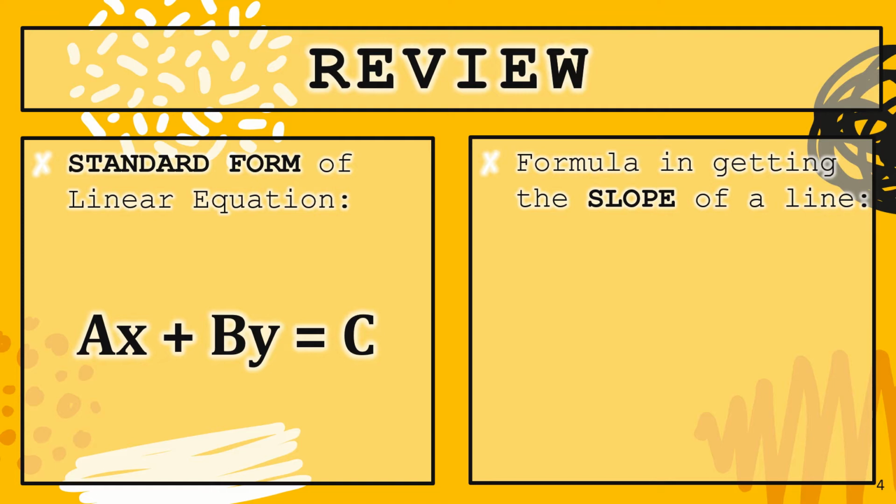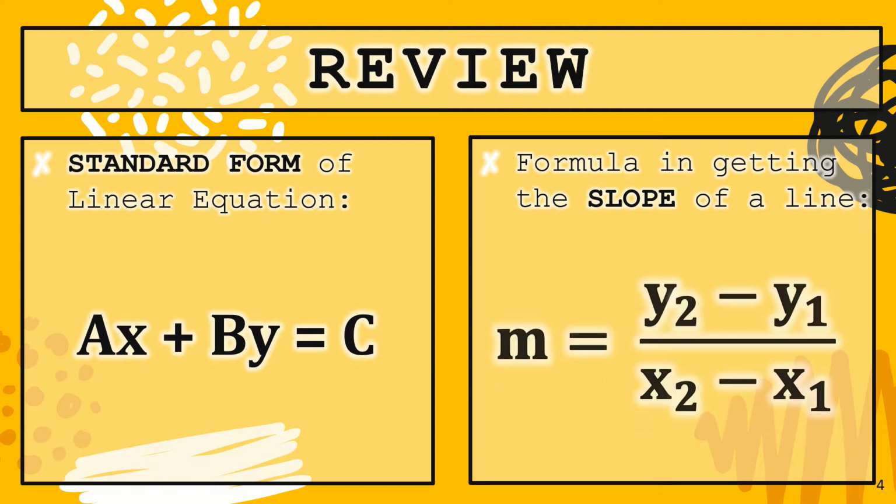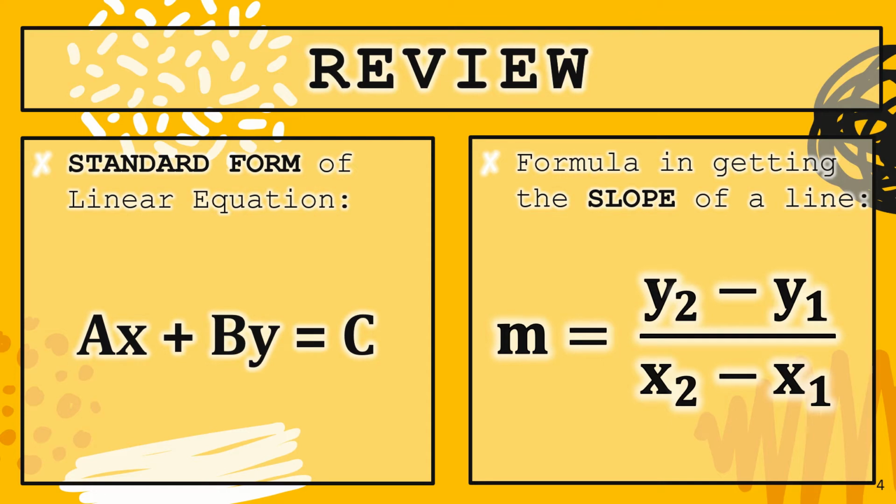And if we are asked to find the slope of a line having 2 points, we are using this formula: m = (y2 - y1) / (x2 - x1). Take note that the slope is also known as rise over run.